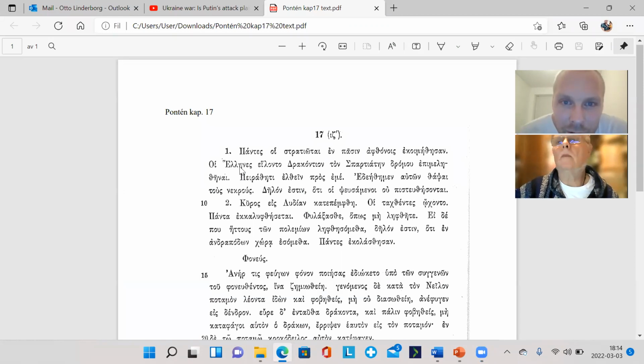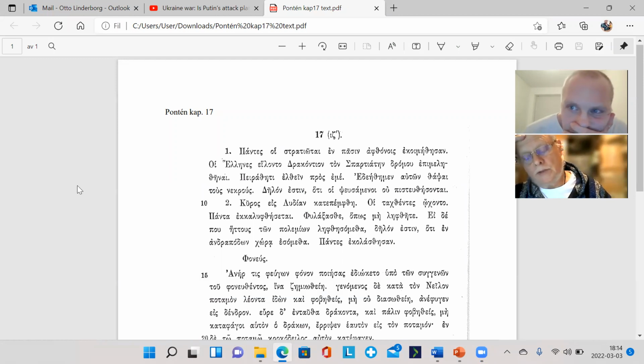If we start with the first one here. Okay, so all the soldiers fell asleep, and then everyone, and then aphthonois.